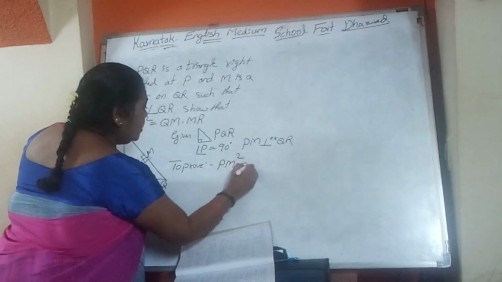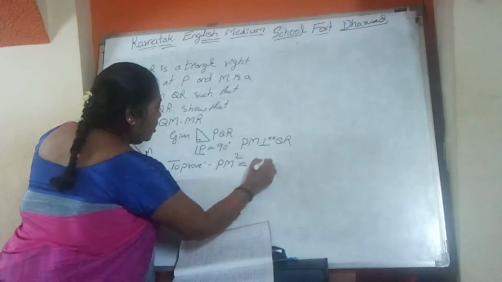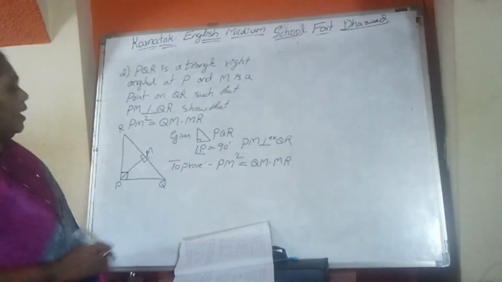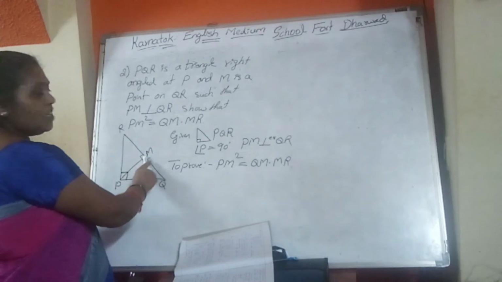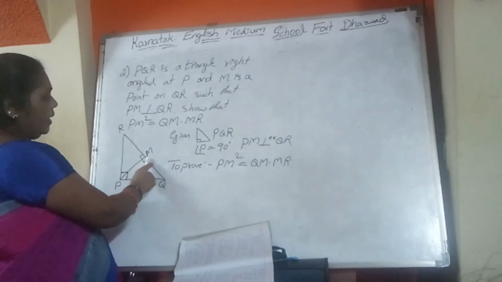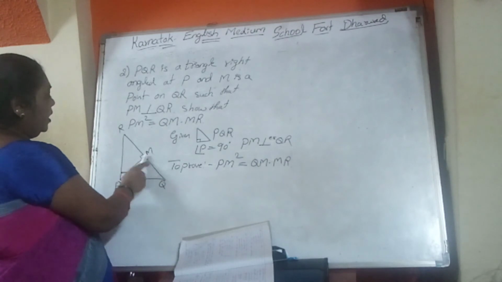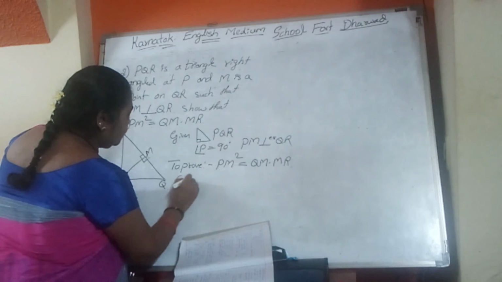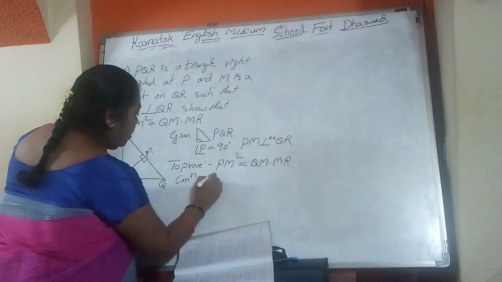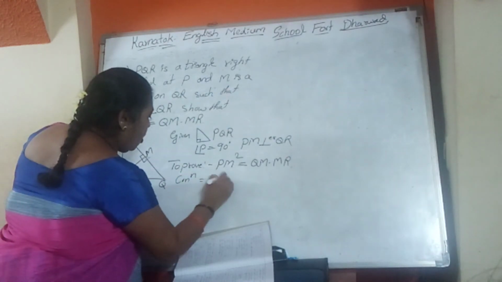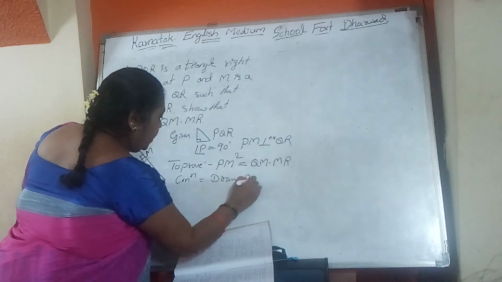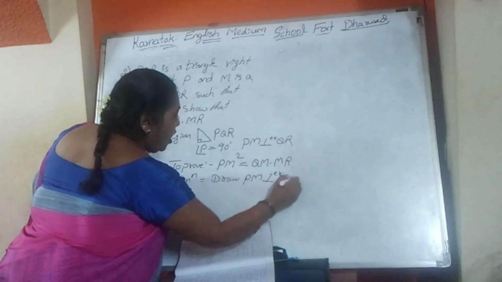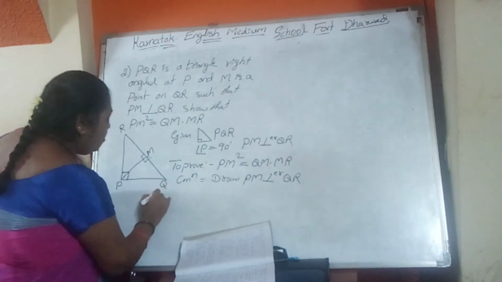PM square is equal to QM into MR. So, construct, draw PM perpendicular to QR. So, prove.